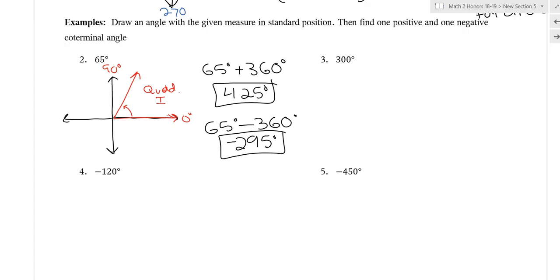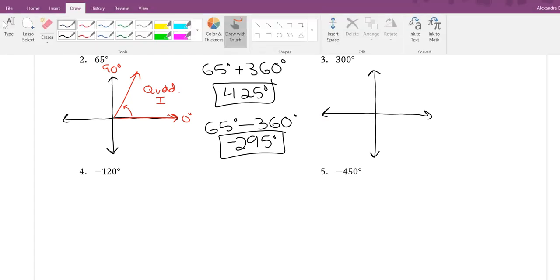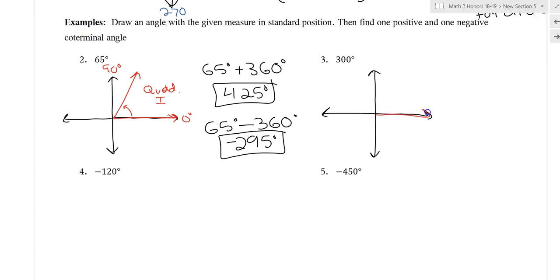Let's look at our next one, 300 degrees. So again, we start on our x-axis at 0. We go to 90, not there yet, 180, not there yet, 270, not there yet, and 360, okay, we're past.